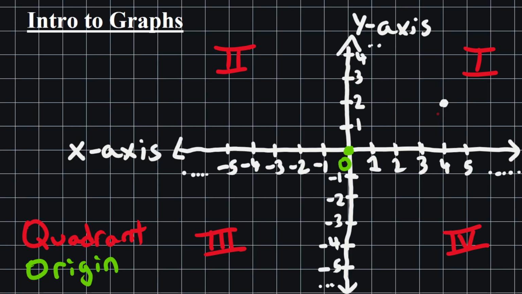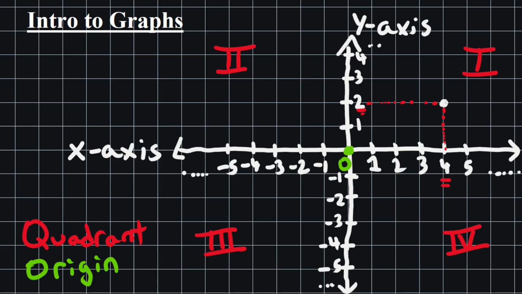Shown another way, if you take this point and draw a dotted line all the way down, on the x-axis it touches 4, and if you draw a dotted line all the way to the y-axis, it touches 2.